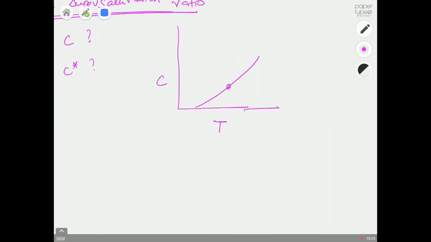So this is your C star, and then you add some amount up to this point. Say this is your 64.125 grams, your solubility at 20 degrees centigrade, and just assume you added some amount. This is the actual mass which you added, 76.048 grams. Just assume that's the solubility at approximately 30 degrees centigrade.